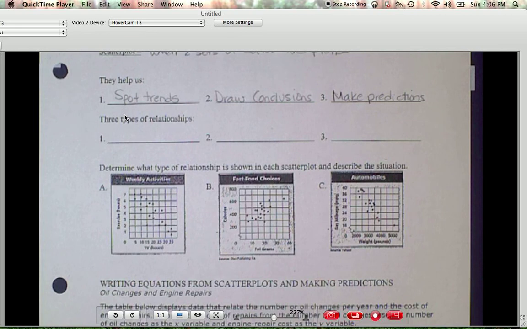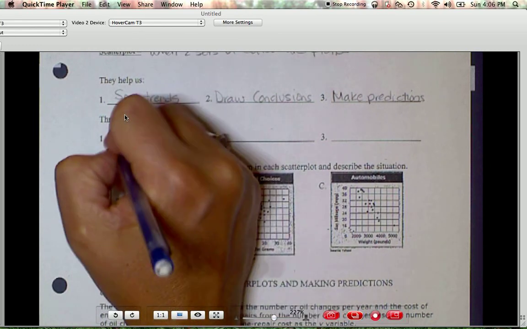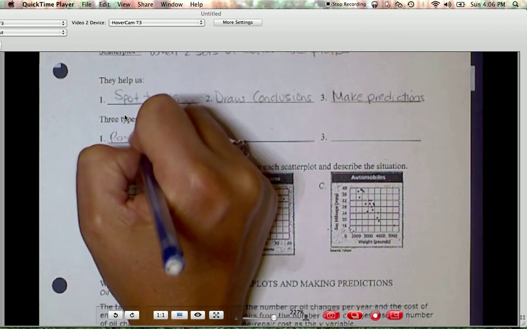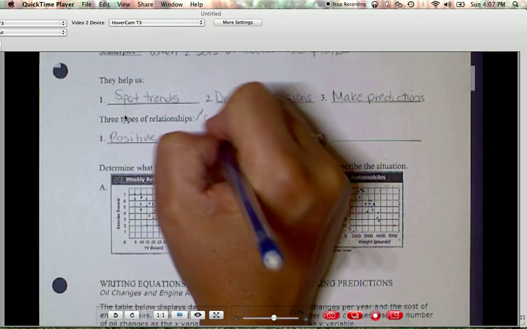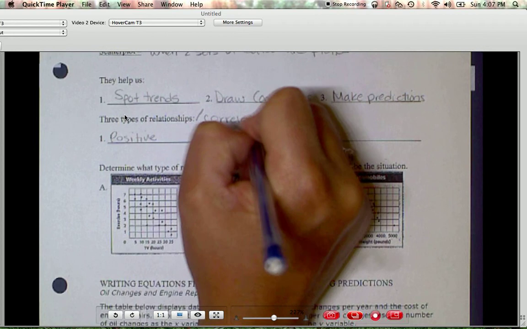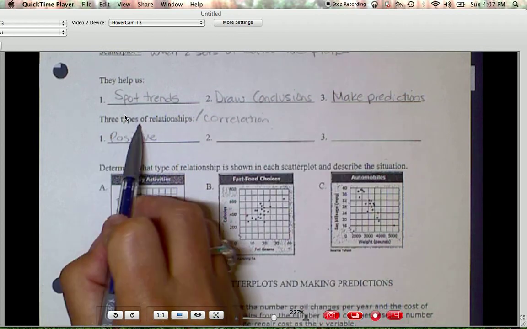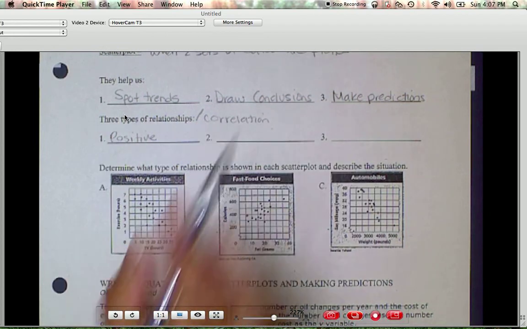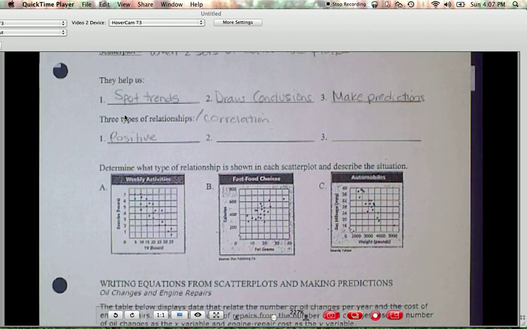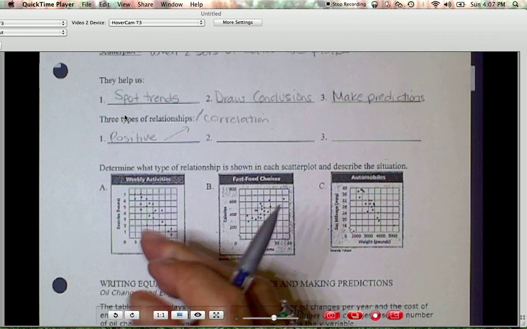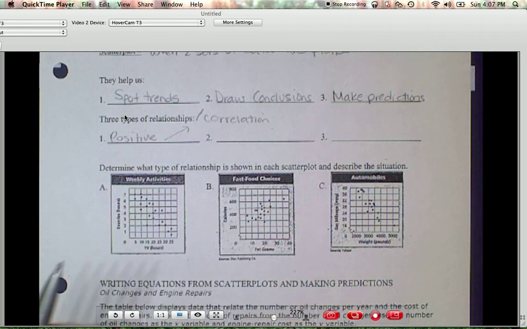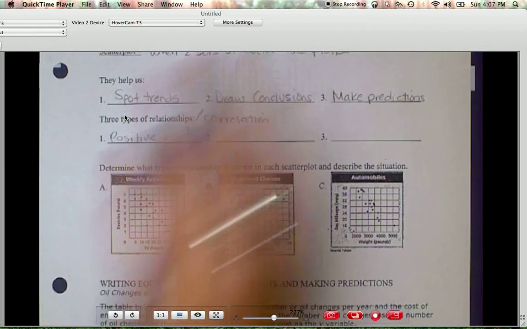Now when you look at your scatter plots, there are three types of relationships. We can have a positive relationship, and sometimes they're called correlations too. So three types of relationship or correlation. Those two words mean the same thing. A positive relationship happens when the slope of the line of best fit is positive, or when the points generally go upward.